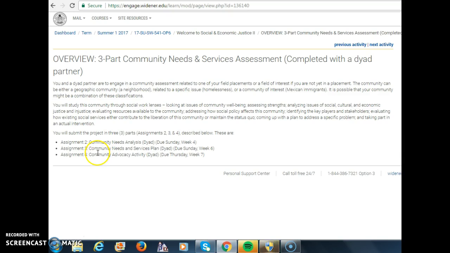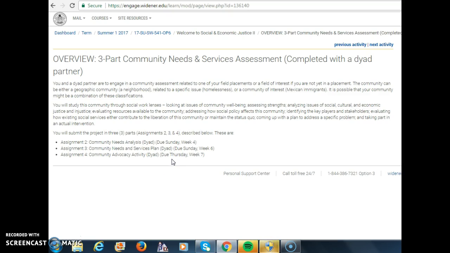The second phase, which is assignment 3 and due Sunday of week 6, after you've done your analysis, you're going to be doing a community needs and services plan. And finally, the third phase, in assignment 4, you're going to be participating in a community advocacy activity, and that's going to be due Thursday in week 7, and involves writing a press release and a letter.